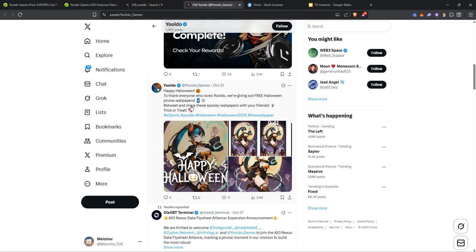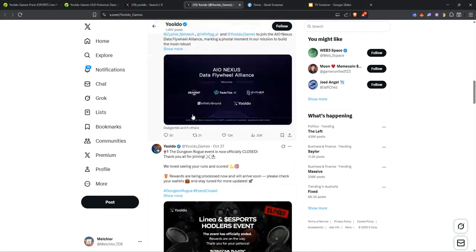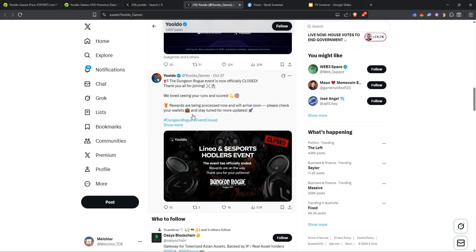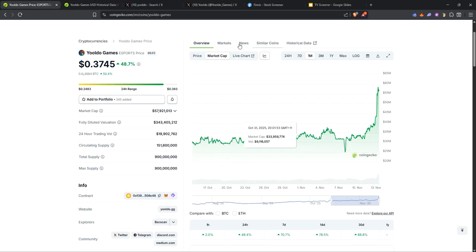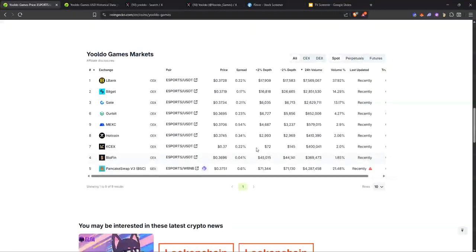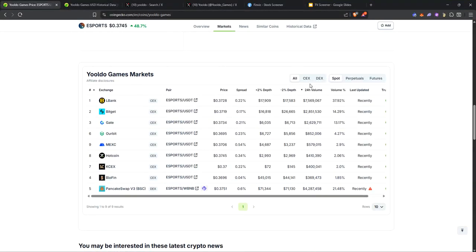There's nothing to do with fundamentals. Halloween phone wallpapers. There's nothing really going on here. So this is definitely on my radar to short. But then again, is there even a market to short it?